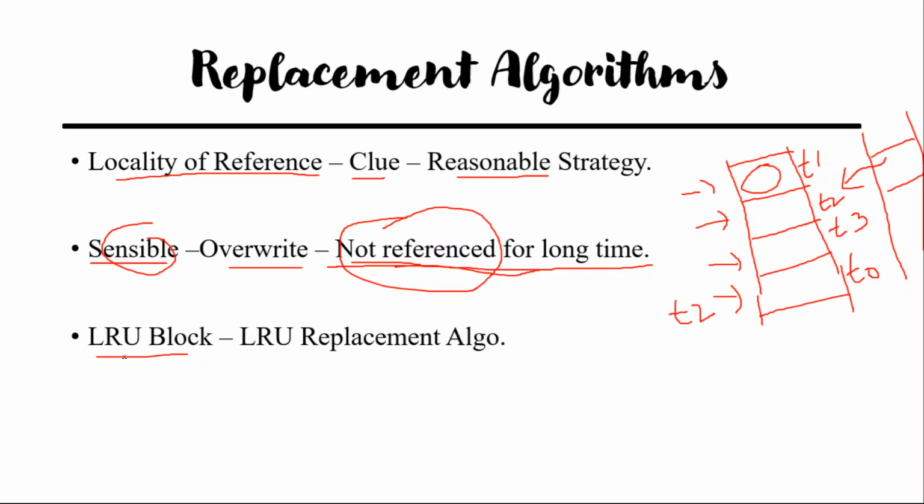The block which is not referred recently is called the least recently used block, and the algorithm that replaces such a block is called the LRU replacement algorithm. LRU stands for least recently used.